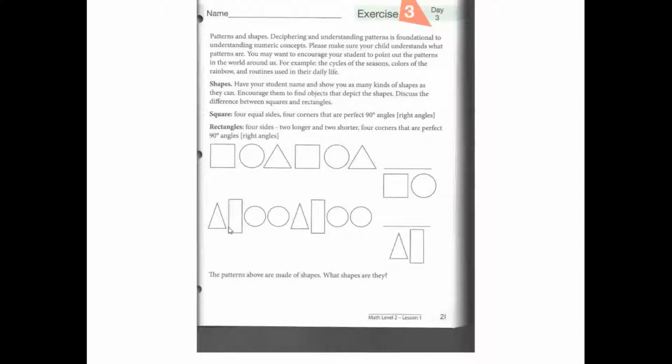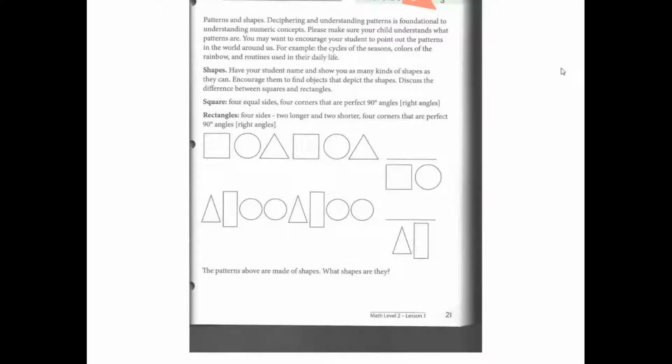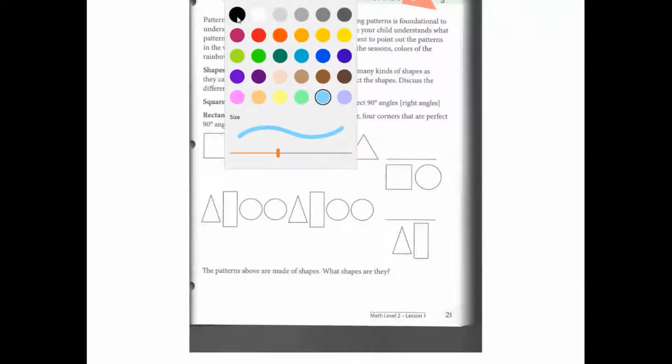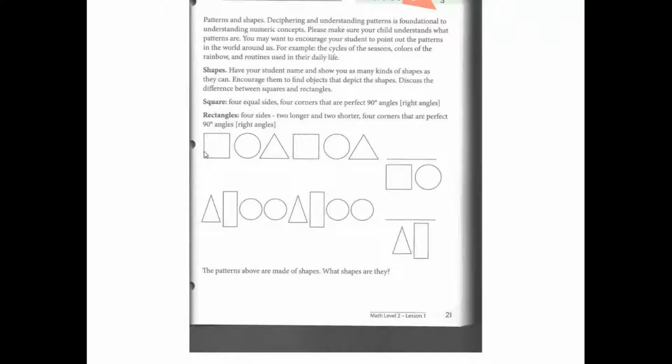You see that perfect little corner? Let me just show you how to do that. I'm going to show you what a right angle is. Watch this. I'm going to make a perfect little tiny square right there. You see that? And I can do it here.